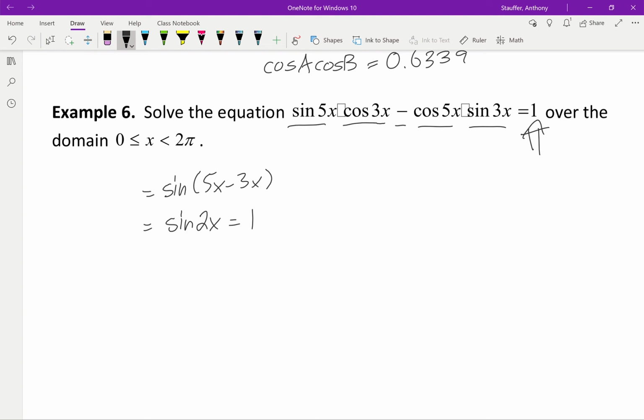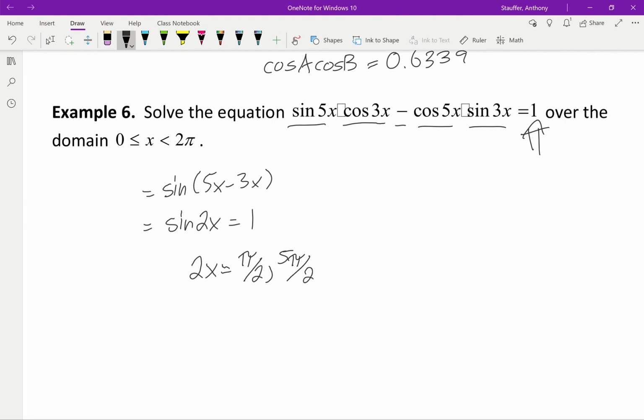So, if we use our unit circle, that would give us that 2x equals pi by 2, or 5 pi by 2. Why?